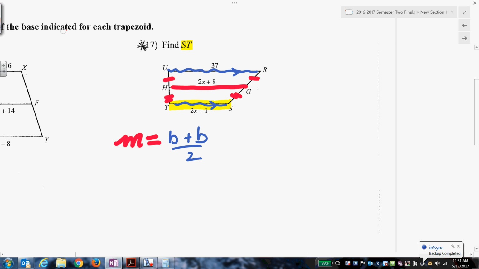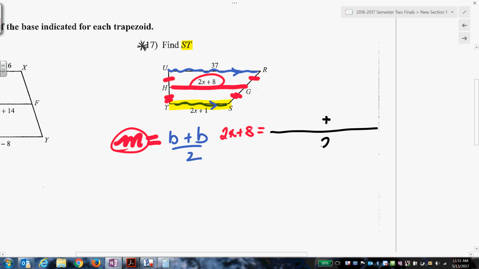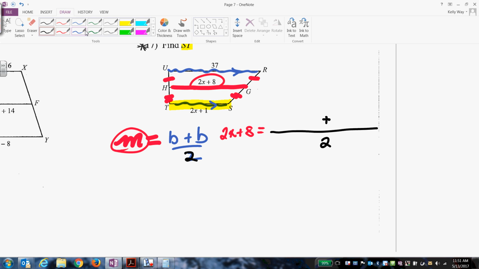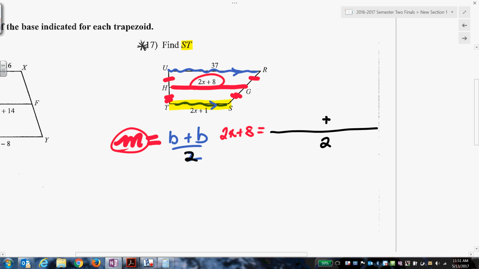You write the equation out, then you can circle, plug, check: median, median. I'm writing it out like this so I don't forget that 2 right there. Equals base plus base over 2. Notice I'm circling. That enables my brain to make sure I find everything.